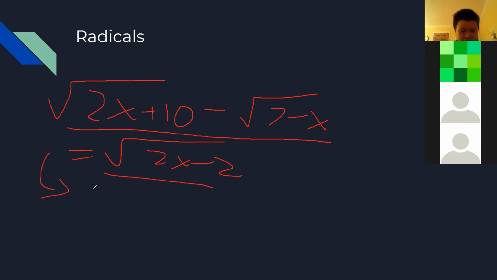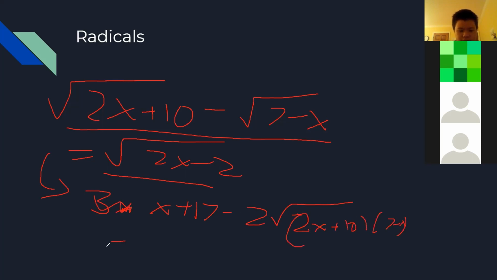So after squaring, x plus 17 minus 2x plus 10 times 7 minus x equals 2x minus 2.